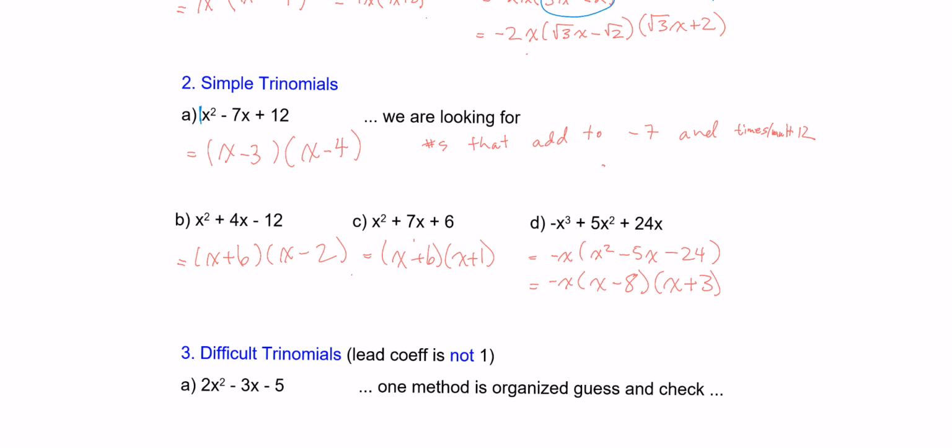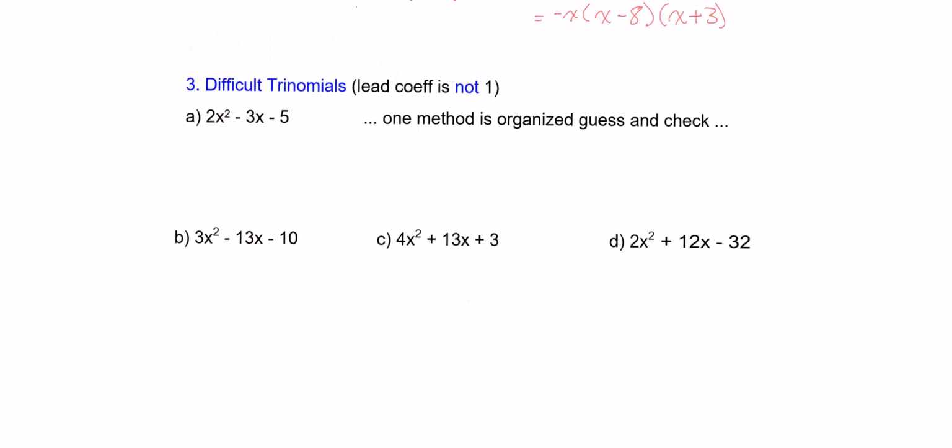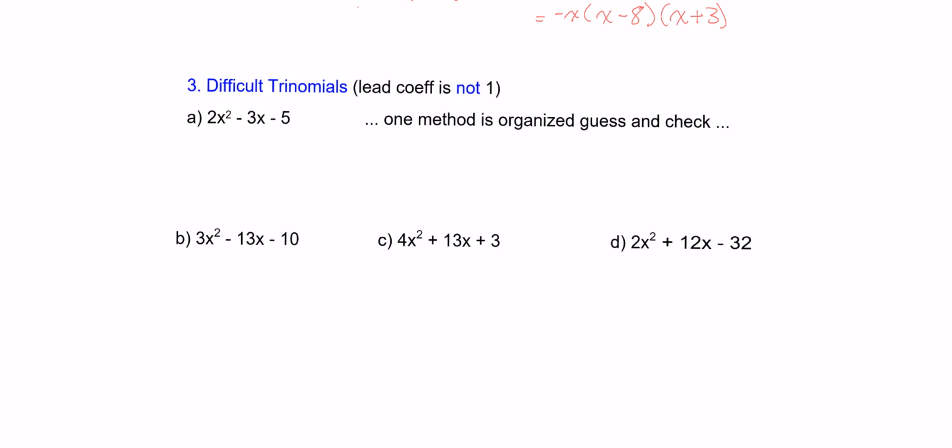Next, let's take a look at difficult polynomials. For difficult polynomials, one of the ways we can do this is we can use guess and check. So the key idea is to look for basic multiples of the first part and the last part.